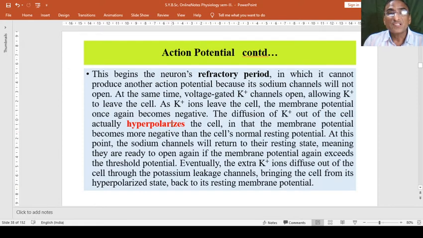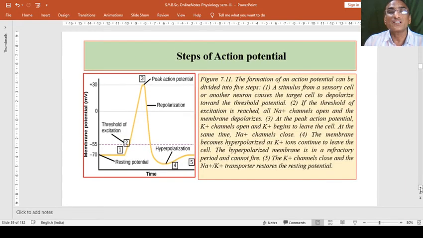As soon as the sodium channel closes, potassium opens, and potassium ions move out. When the complete action potential is carried out, hyperpolarization occurs, and then the resting membrane potential returns to its previous resting state, ready again for the further action of the nerve.